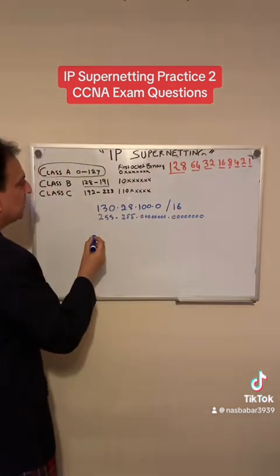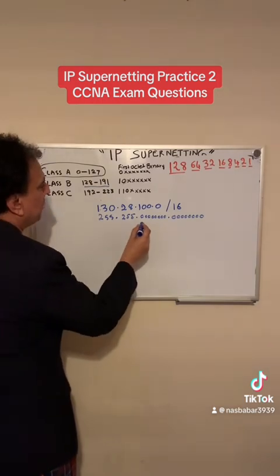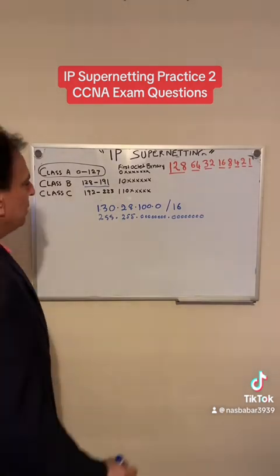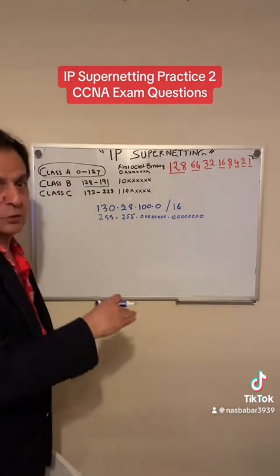The classful mask is 255.0.0, all zeros. Now what we want to do is convert these 255s into binary form.